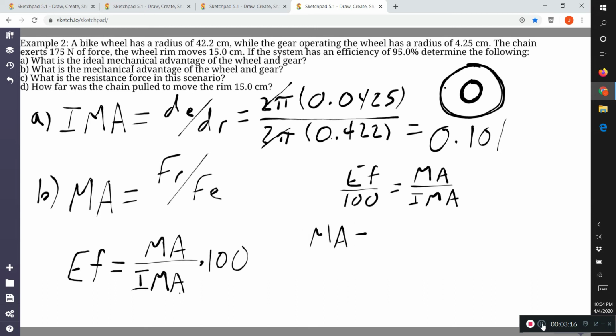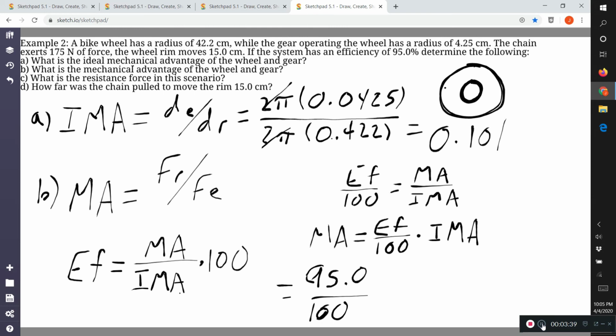Now, why don't I want to just plug in numbers here? Well, this calculation is going to involve the ideal mechanical advantage we already calculated, and we cannot use that rounded value. So we know the efficiency is 95.0.